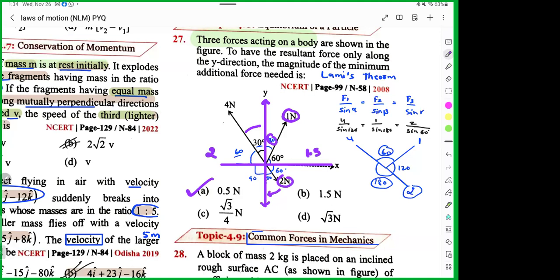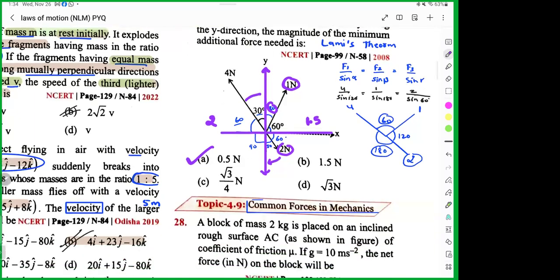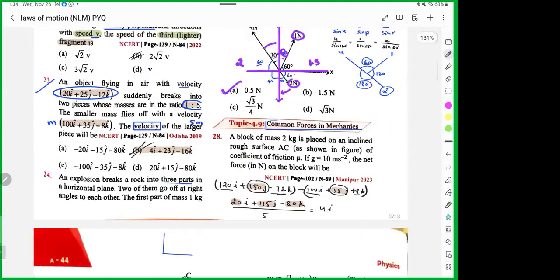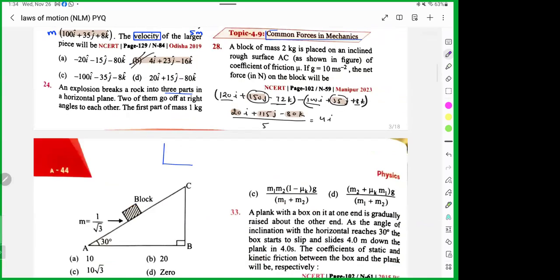It means you need half Newton on the right hand side. So overall both become 0 and cancel out each other. Tell me, guys, any doubt? Varinder and Pratigya.